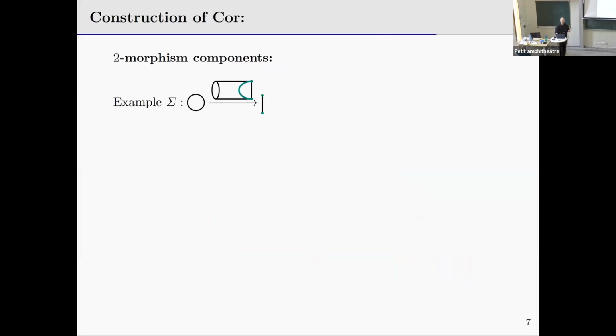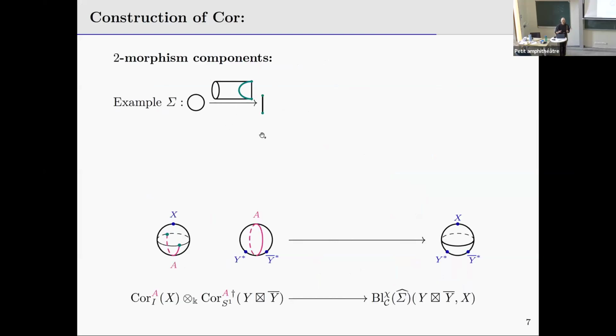So let me just show you how this looks like in the example of this whistle Bordism we had before. So first of all, where do the source and target of the natural transformation come from? The source essentially comes from the boundary components of this morphism.